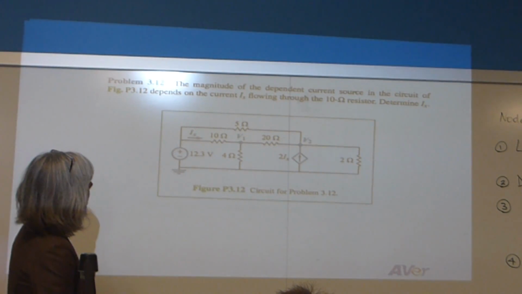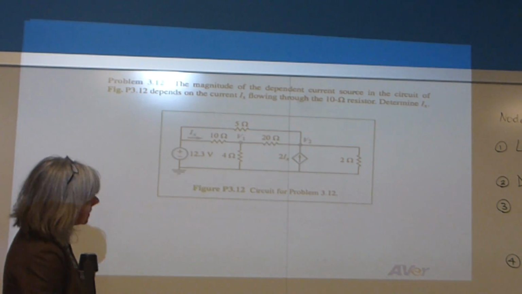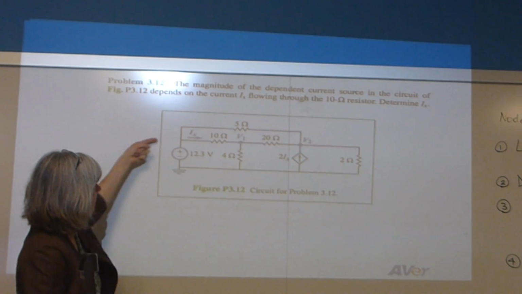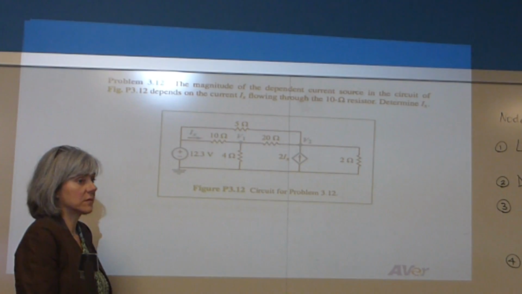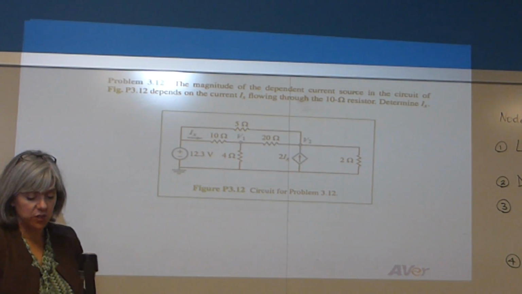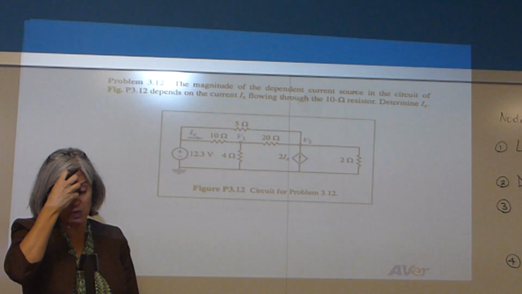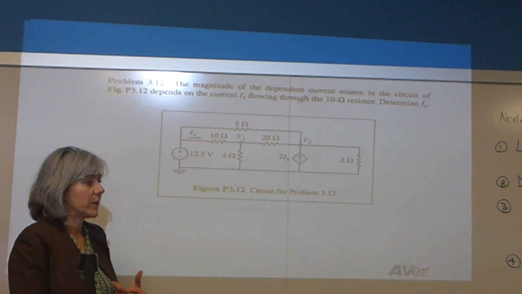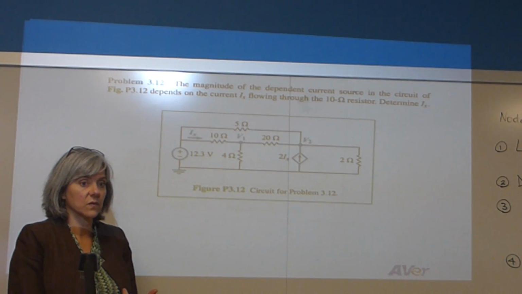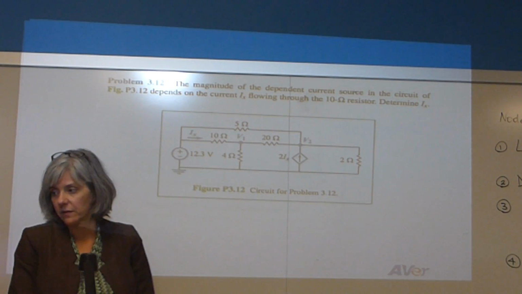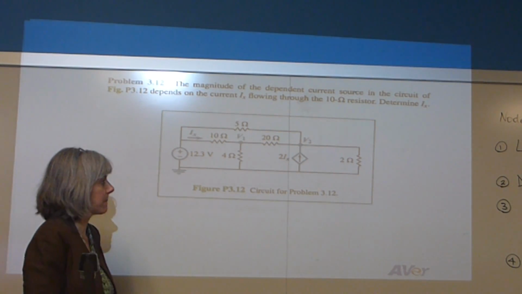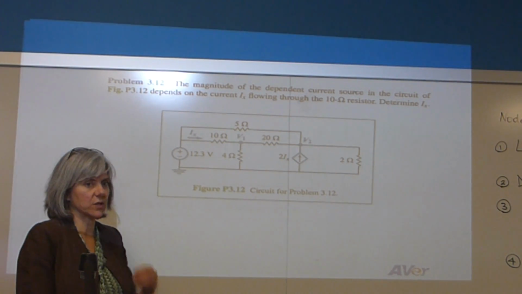All right, so we want to find I sub x, this one. So the first thing we need to do is determine how many extraordinary nodes, and so how many equations we're going to write. And I think you guys should write them.